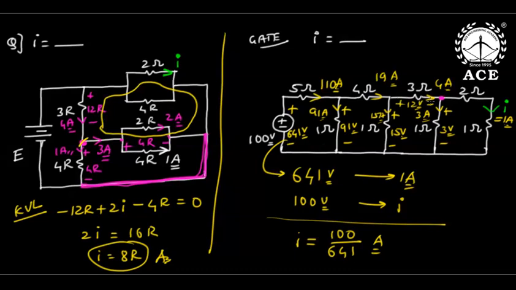Again KVL: 12 plus 3, 15 volts will come here. Again 15 by 1, 15 amperes. Now again KCL: 4 plus 15, 19 amperes. Again 19 fours are 76 plus 15, 91 volts. Like that you keep writing KCL, KVL. KCL in the loop, in the mesh, and KVL at the node, like that you take.